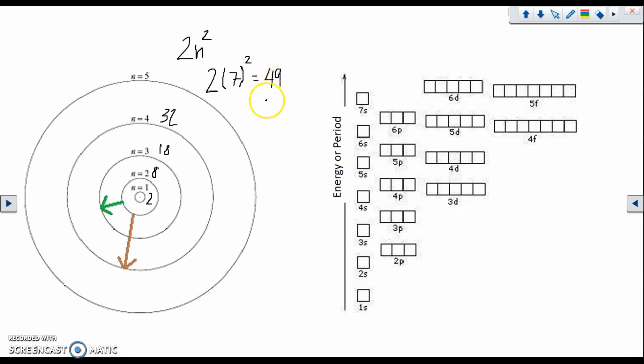All right. So you can have a maximum of 98 electrons in the 7th energy level. So that's how you calculate how many electrons can fit into each shell. Again, the shell, the period, and the energy level are the same. Okay, so that's how you can deduce those numbers.